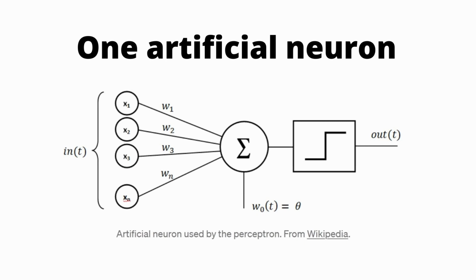This is the artificial neuron used by the perceptron. On the left side we have the input data, our input vector x1 to xn or whatever you like. The importance of each input is given by the w1. This is the strength, if you want, of the link between those two.